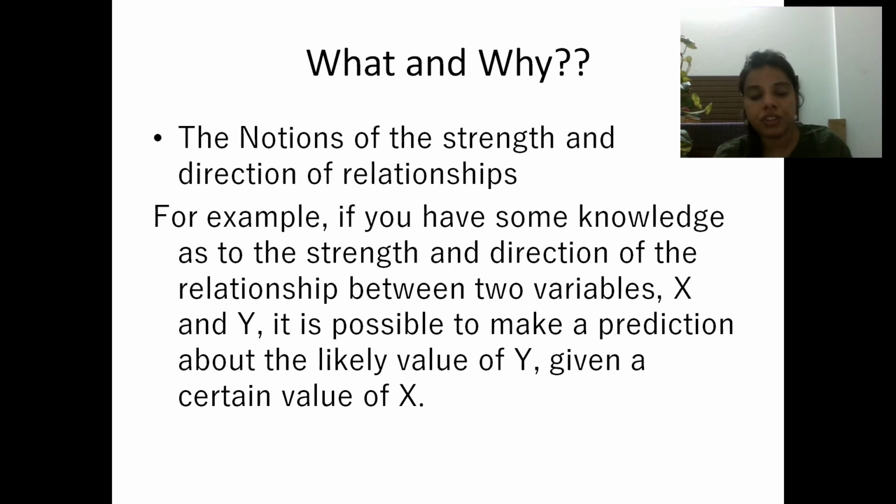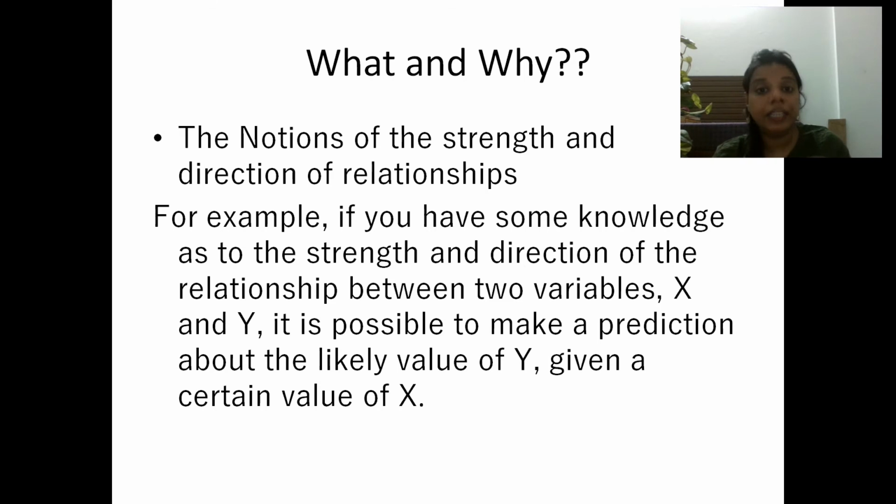For direction, we need to understand whether there is a positive relationship, meaning they are moving together, or they are moving opposite, right? If they are moving opposite, it means they have a negative relationship. So that we need to understand first.